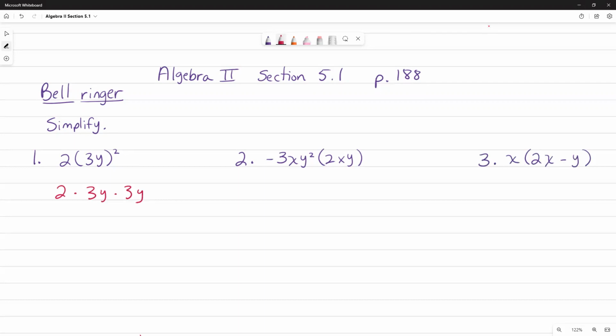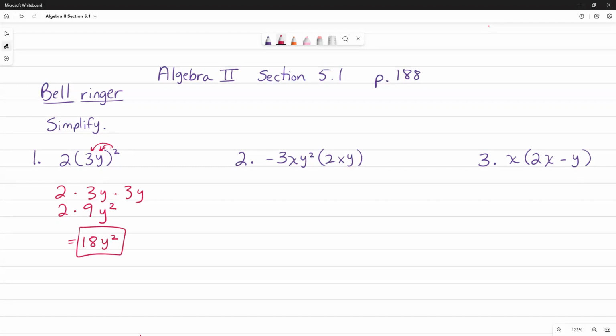But you can just know that you're distributing that exponent. So it is 2 times 9y squared. We don't know what y is, but we know y times y is y squared. And then the last step, we can multiply our coefficients or the constant because we're multiplying. So we can combine these. So our final answer, 18y squared.